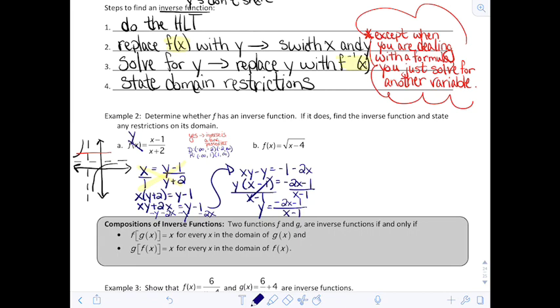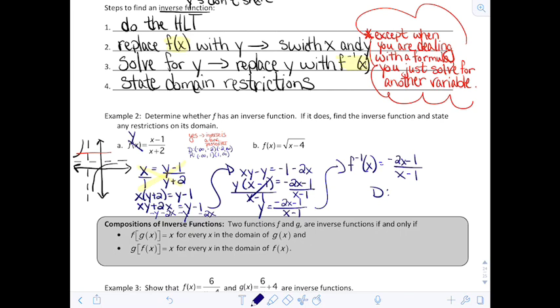So when you look at this, now that we've solved for this, I'm going to go one step further. I'm going to replace y with f inverse again. So f inverse of x is equal to -2x minus 1 over x minus 1. And my new domain is what my old range was.